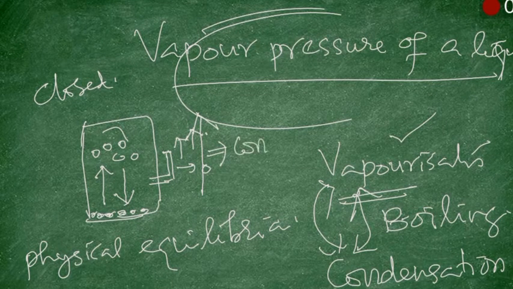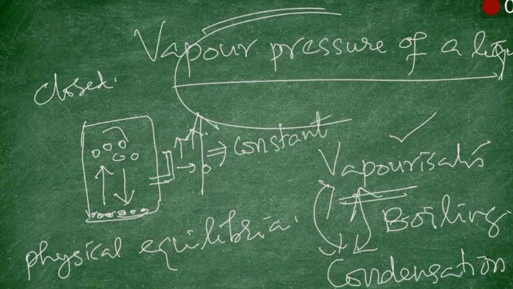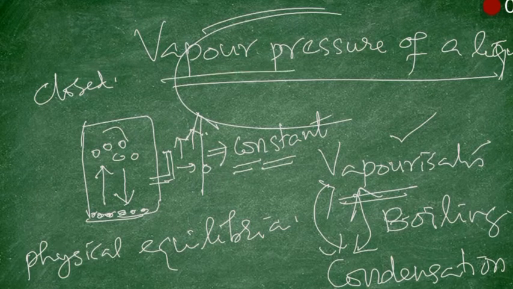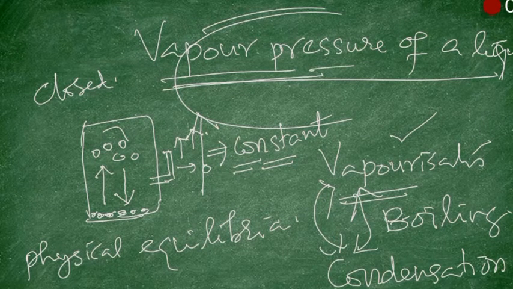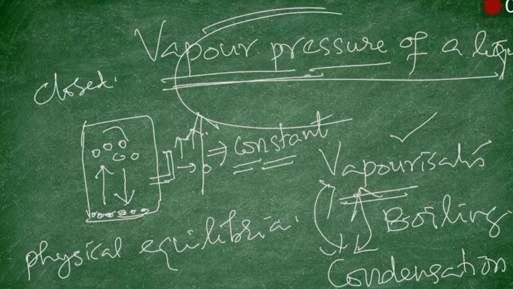So at that constant condition, the pressure exerted by the vapors is what we call the vapor pressure of the liquid. So vapor pressure of the liquid is the characteristic of the equilibrium between the vapors and the liquid of a substance. Hope you understood what vapor pressure is.